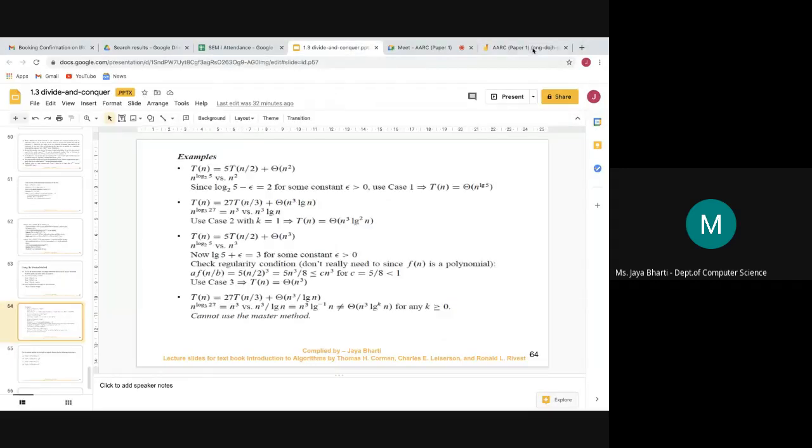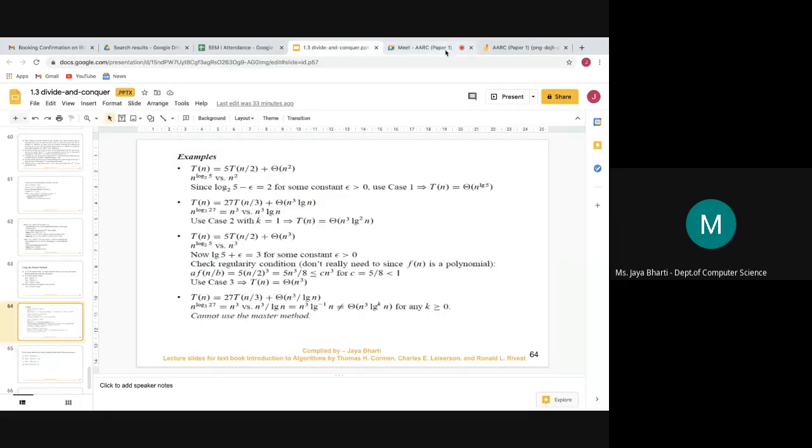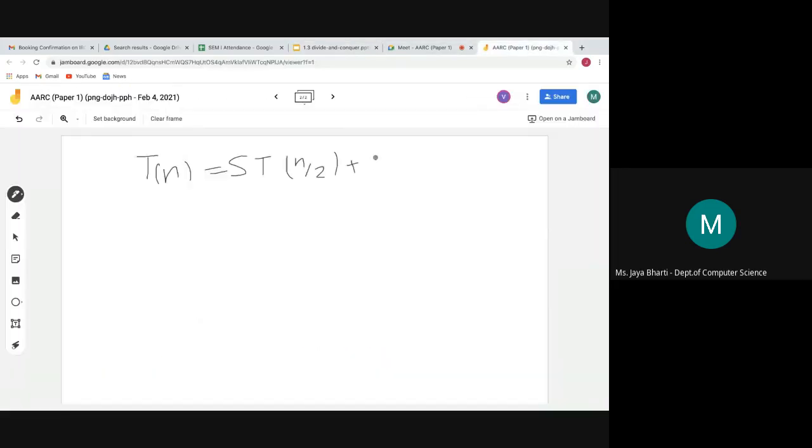So another example is T of n is equal to 5T of n by 2 plus theta of n square.